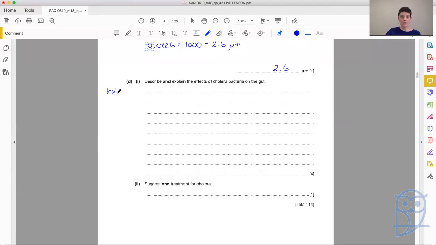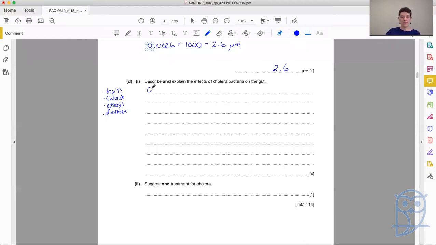So we want to mention toxins. And then there's the movement of the chloride ions. And then there is osmosis. And then there is diarrhea. So now we've got 4 little words, but what that helps us do is it helps us to focus our answer. So we don't just write words all over the place that we hope is going to get us marks. We've now got a way to step through our answer.